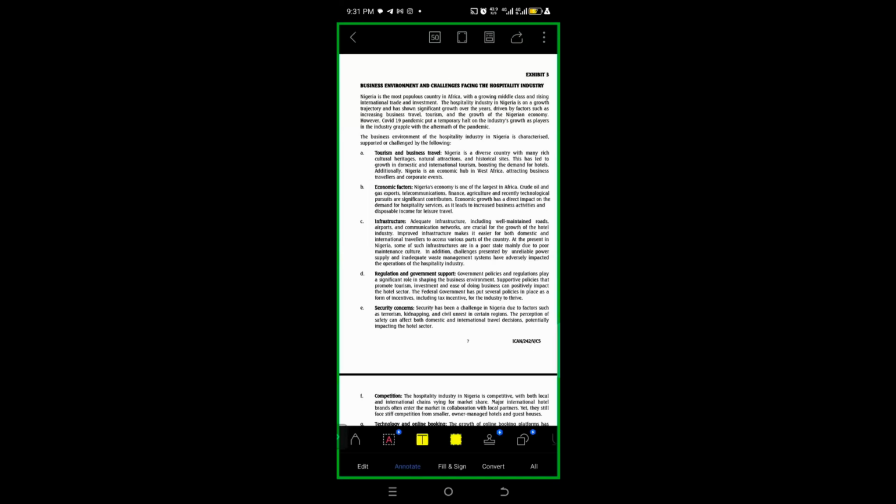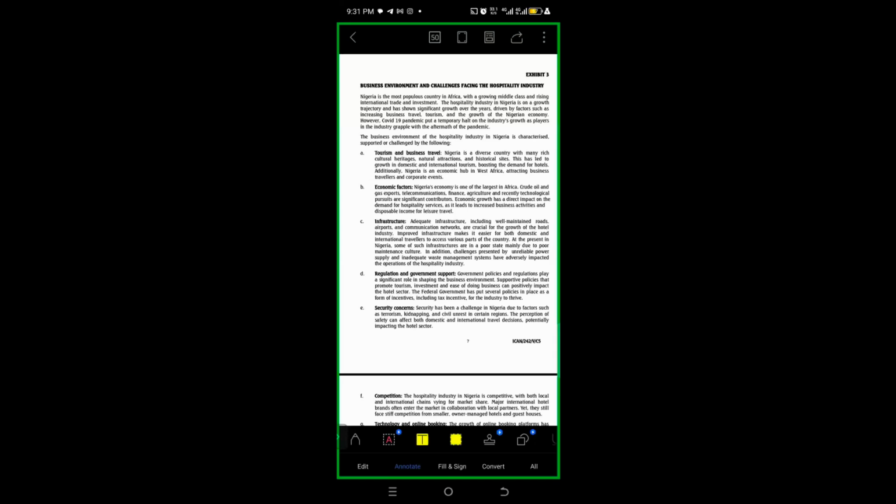C, infrastructure. Adequate infrastructure, including well-maintained roads, airports, and communication networks, are crucial for the growth of the hotel industry. Improved infrastructure makes it easier for both domestic and international travelers to access various parts of the country.